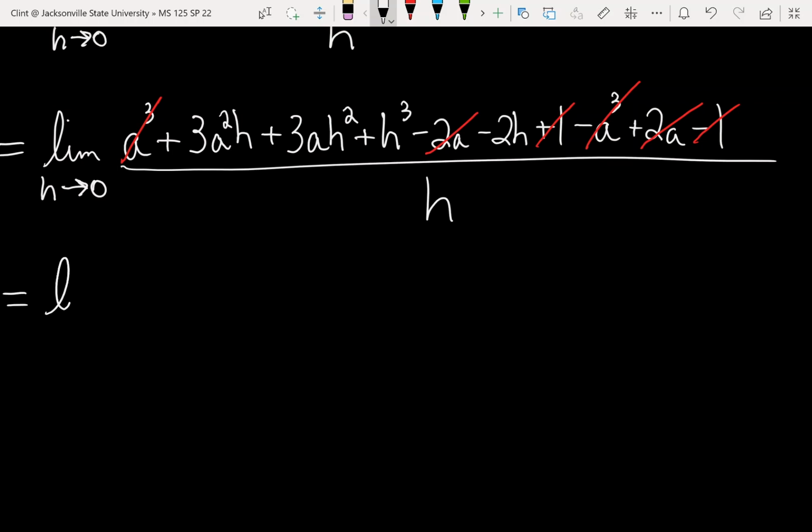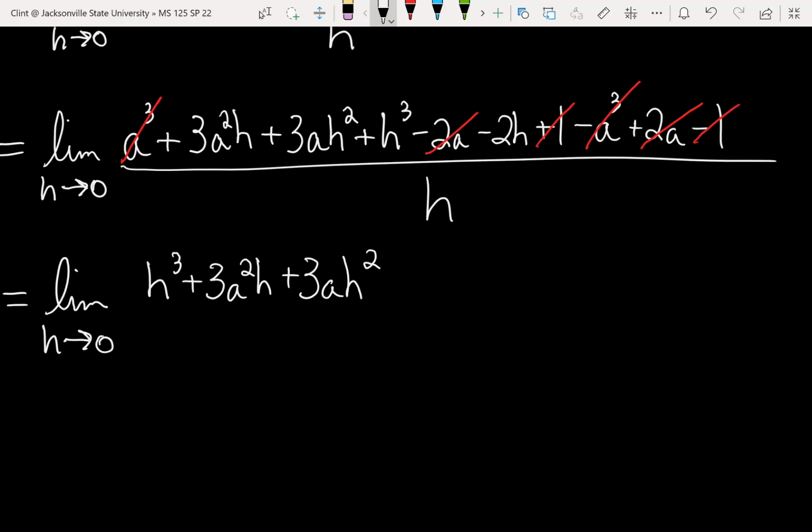So where are we at? Here, so I've got an h cubed, 3a squared h, 3ah squared, and a minus 2h. That's everything, 4 terms, right?